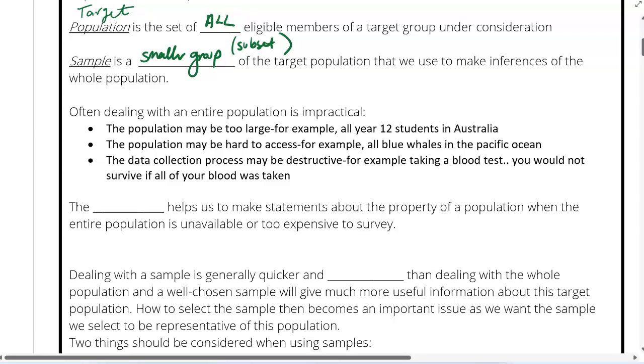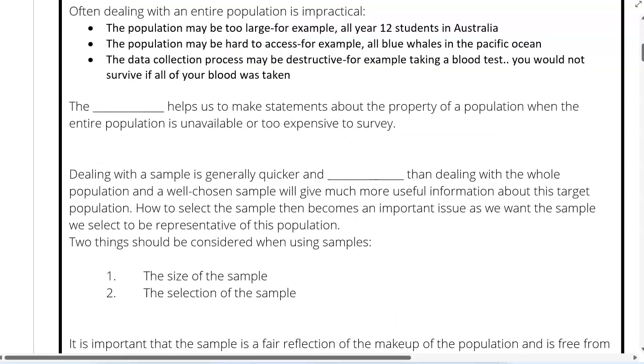The data might be destructive. Yesterday we talked about taking a blood test. You don't take all of your blood. We only take a sample of your blood, because otherwise you wouldn't survive. So sometimes we're forced to take samples. Other times we take a sample because it's easier and cheaper. Yesterday we went through some of those advantages and disadvantages.